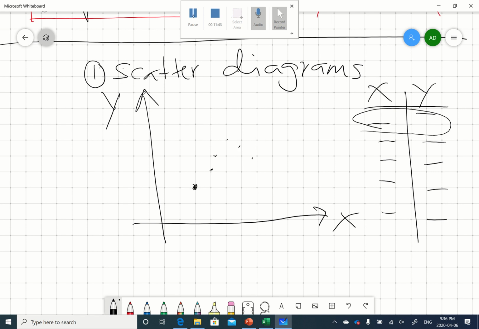So basically you have points scattered on your diagram. So you just look into the pattern. So overall this looks like an increasing pattern to me. So overall it is going up, right? So I can say the overall pattern would look like an upward trend.